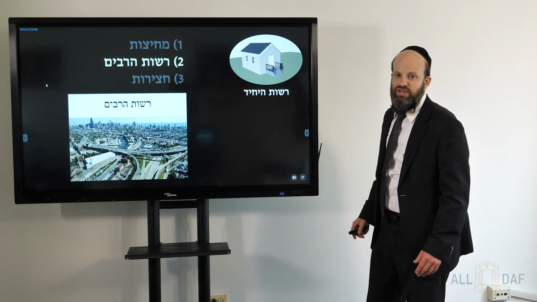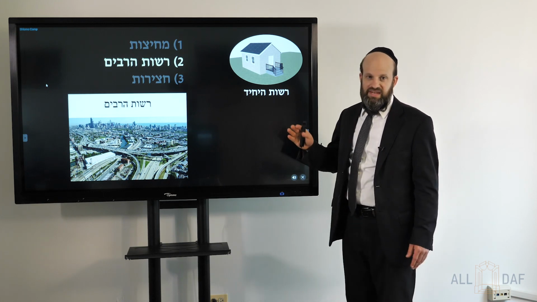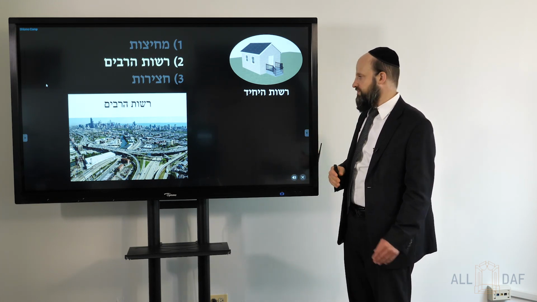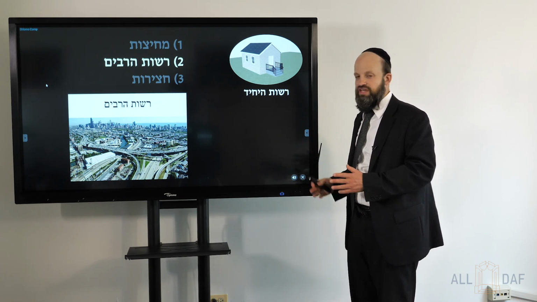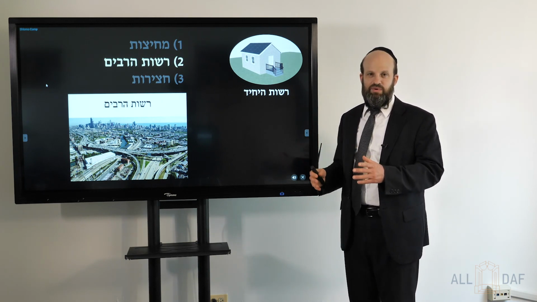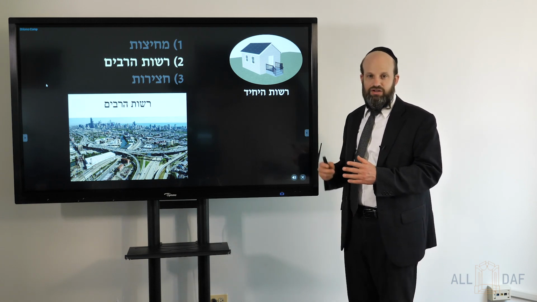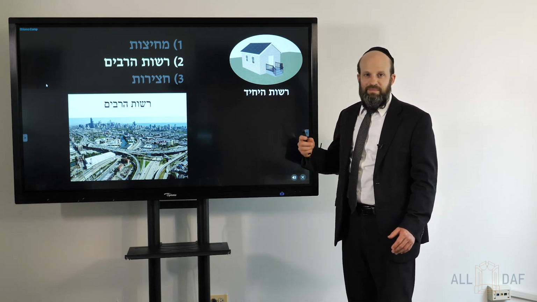The second thing that relates to creating this Rishus HaYachid is in the negative. We have to make sure that the area doesn't begin by being a Rishus HaRabim. If the area begins as a complete Rishus HaRabim, a complete public domain, then the typical implements that are used to create a Rishus HaYachid will not be sufficient.